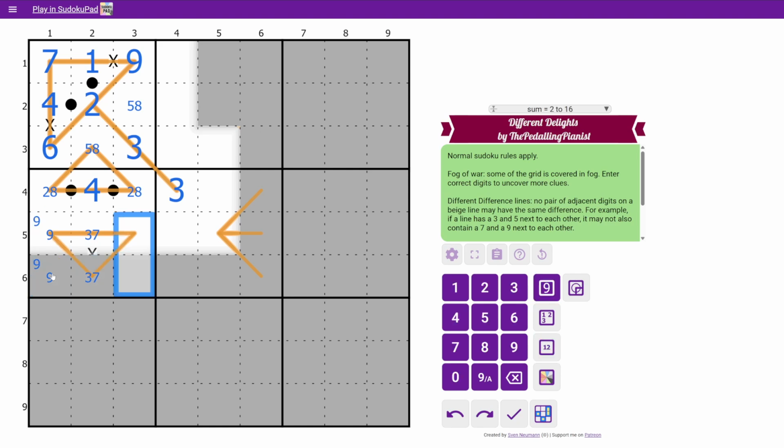A 6 over here. What else goes? A 1 and a 5. A 1 and a 5. Alright.